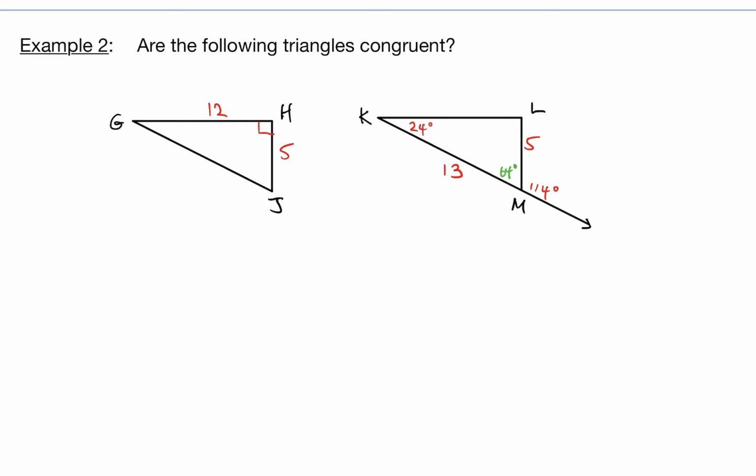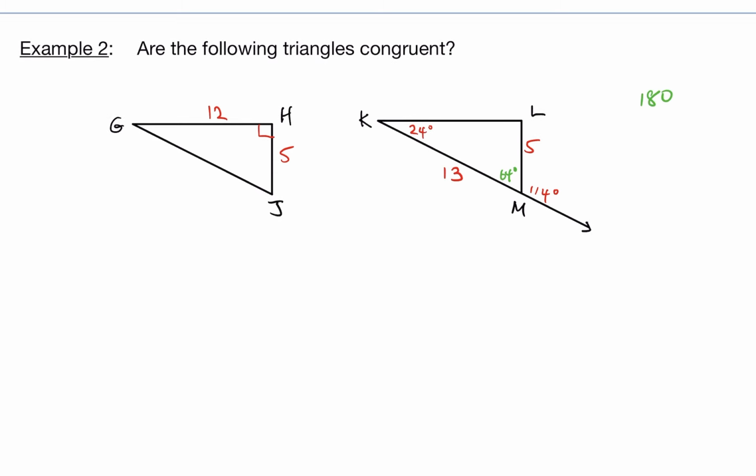However, if you were paying careful attention, you'd realize that this angle is not 64 degrees, right? Because 180 minus 114 is actually 66 degrees. So we need to correct this to 66 degrees. Now that we have 66 degrees, this changes the scenario.